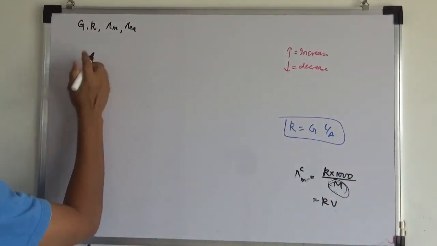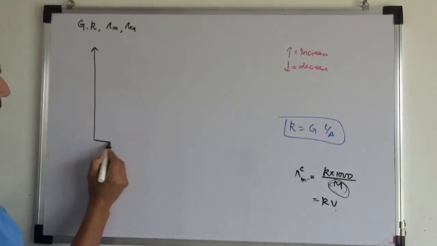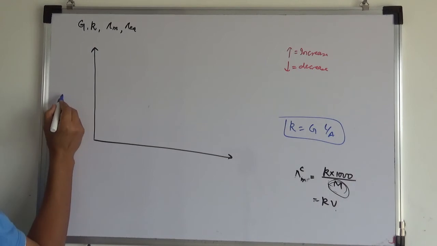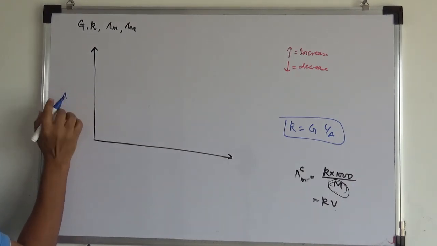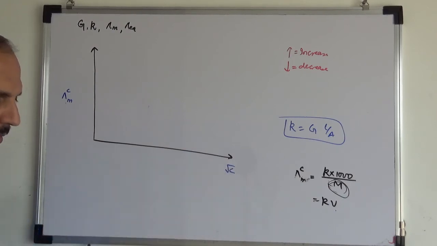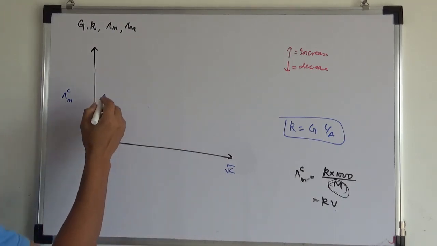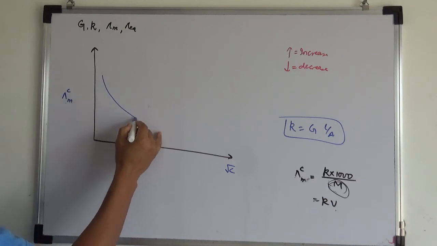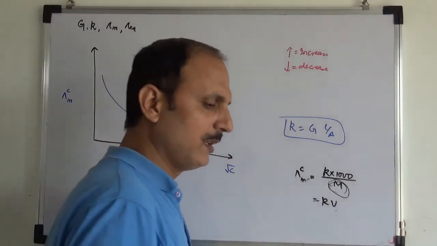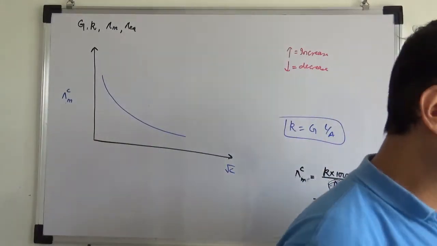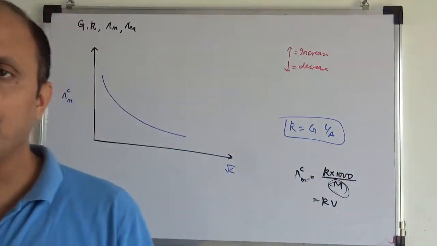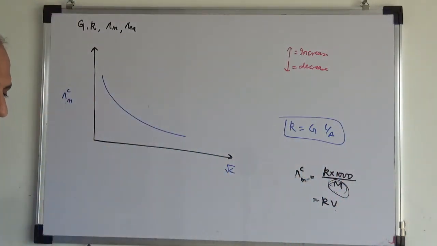Molar conductance at a given concentration versus root of C. So this is going to follow, it is not following any straight line, which we saw in the last case. In the last case we saw that it follows a straight line for a smaller concentration. Here this does not happen.